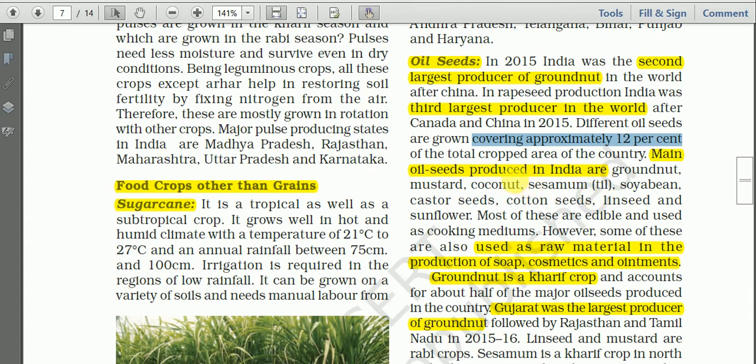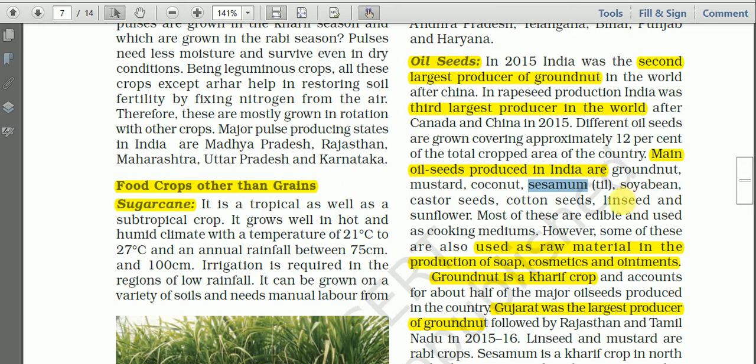The main oil seeds grown in India are groundnut, which we have learned earlier, then mustard, then coconut, sesamum. Sesamum also grows in the hills.